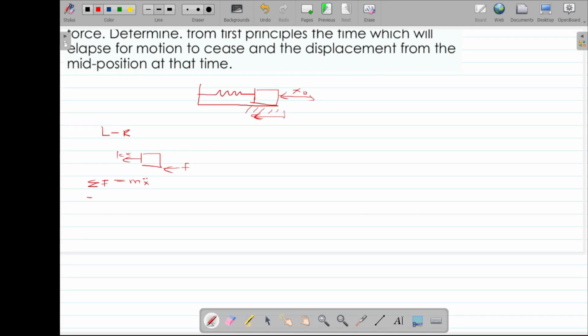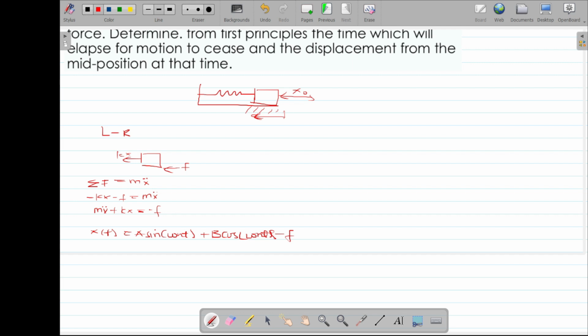So we have minus kx minus F equals m x double dot, which implies m x double dot plus kx equals minus F. And the equation of motion x at any time t will be equal to some constant A sine omega n t plus B cos omega n t minus F on k.